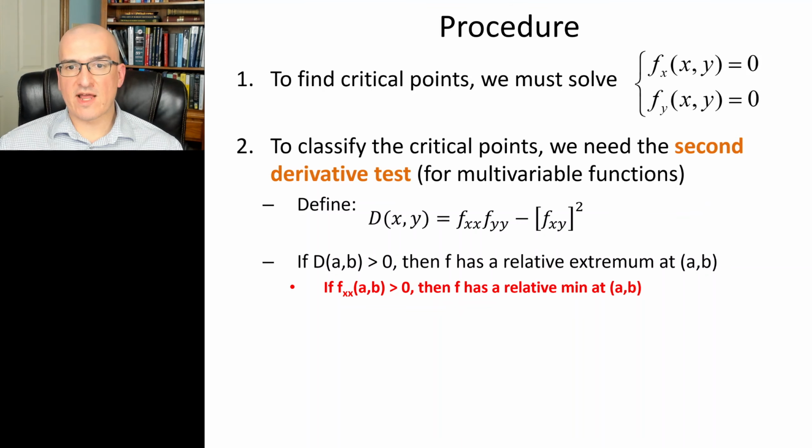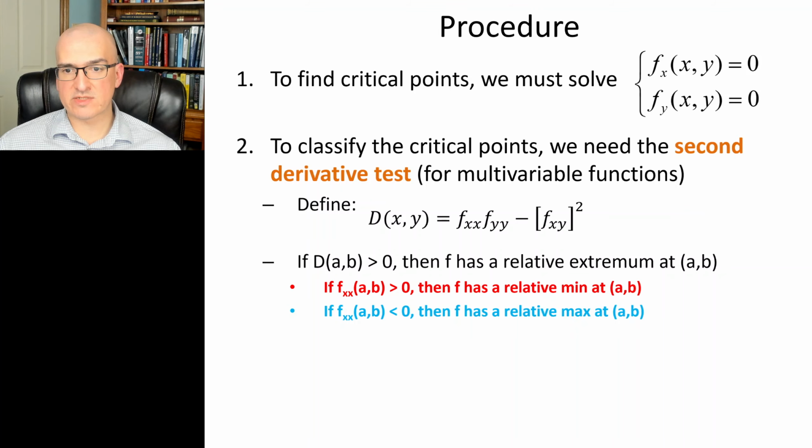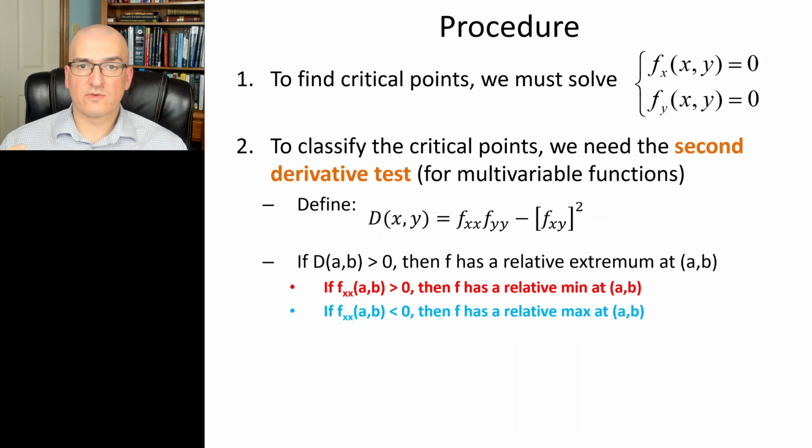You only check f double x if the capital D function at that critical point is positive. So, what happens if capital D is positive and f double x is negative? F double x being negative means the function's concave down. Concave down around a critical point is this type of shape, which means there's going to be a local max there.